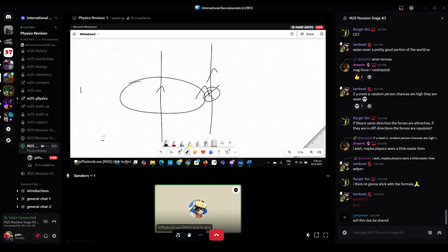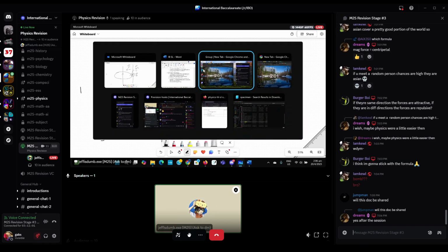Using Fleming's left-hand rule, I is going this way, B is going inside, so I cross B should go left. FBI: F should point to the left, which shows that it's attracted to the wire.